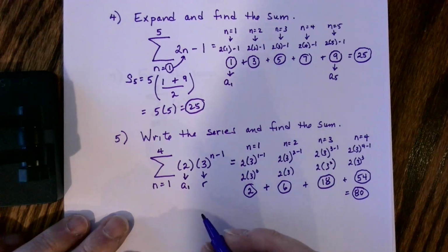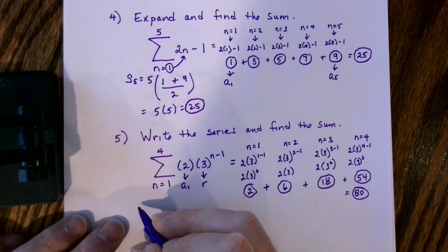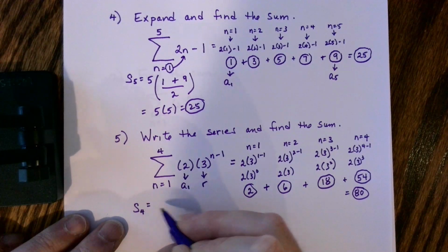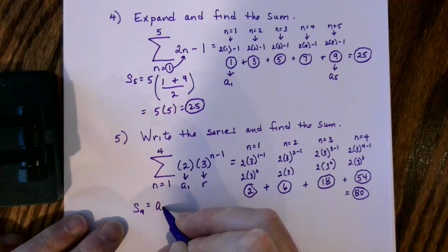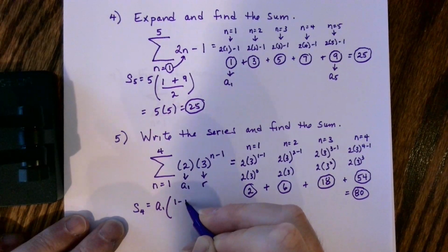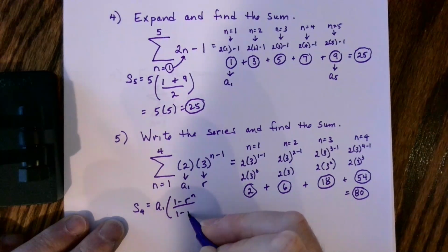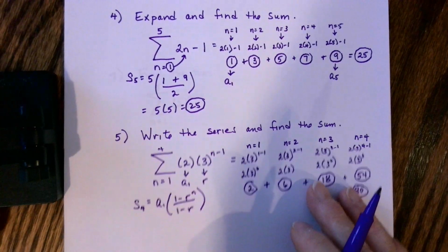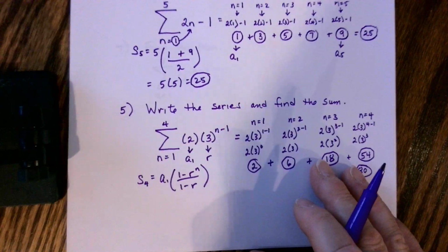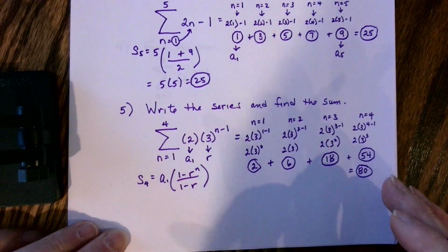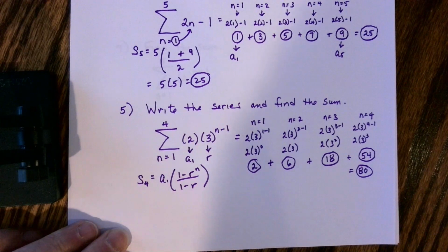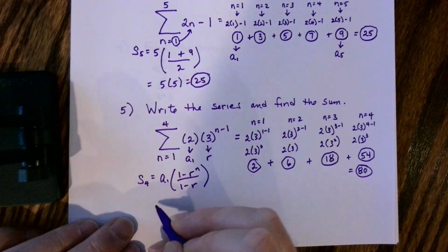I could also use my formula, S of 4 terms is equal to the first term times 1 minus r to the n all over 1 minus r. I know some are probably looking at this and saying, I would much rather just add everything up. But keep in mind again, if this would have been 44 terms, then this formula would definitely save you.